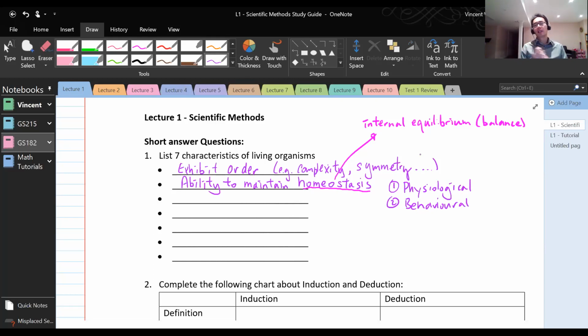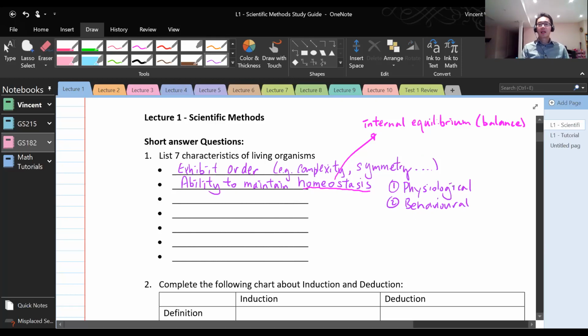Okay, as you're shivering, your muscles contract and it brings your body temperature up. Okay, so that's something that your body does for you automatically when you're cold. Behavioral mechanism would be like putting on a jacket when it's cold. Okay, so one is sort of a deliberate action, and the other is kind of automatic.